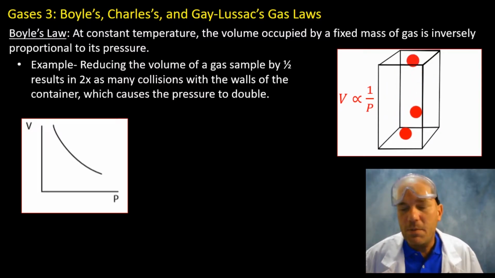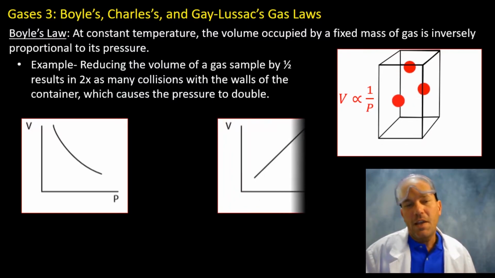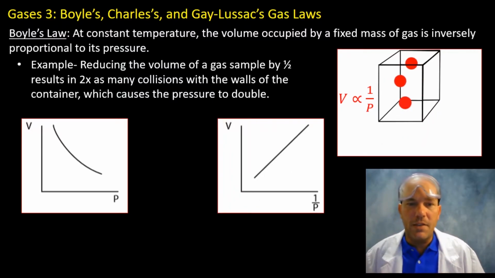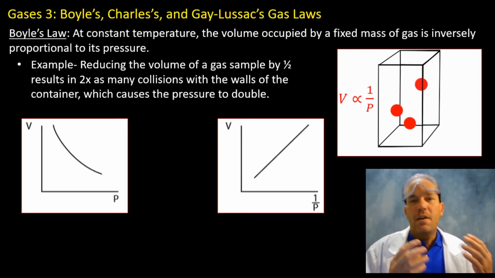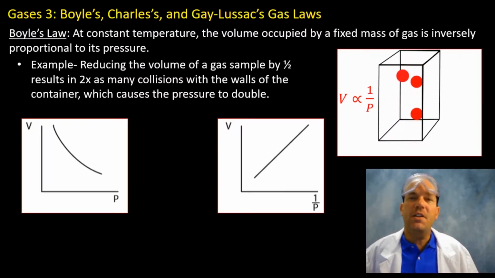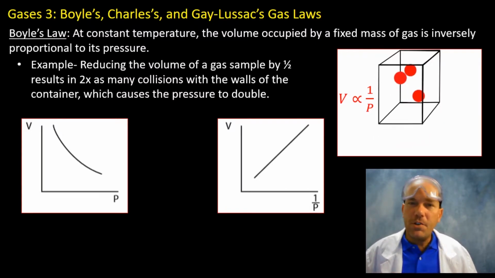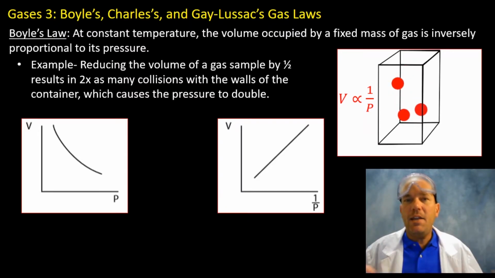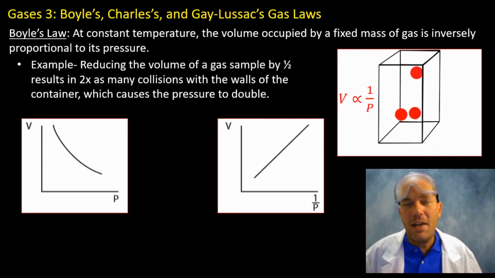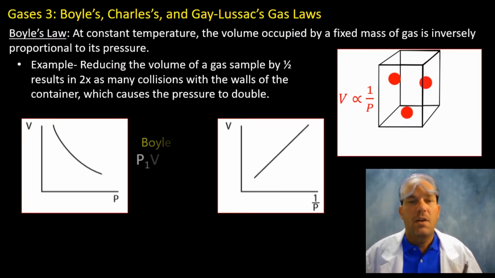Now, something that is important for you to understand is if we were to linearize this graph, we could graph volume as a function of the inverse of the pressure, and that would give us a line with a constant positive slope.